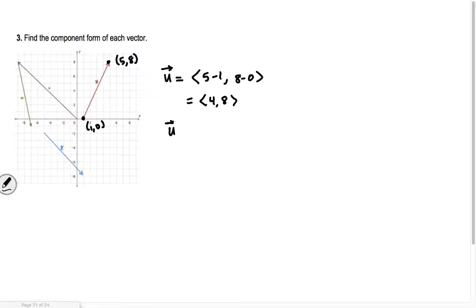So find V and W. Oops, I wrote U again. So V and W. If you get to it, you can find Y as well.